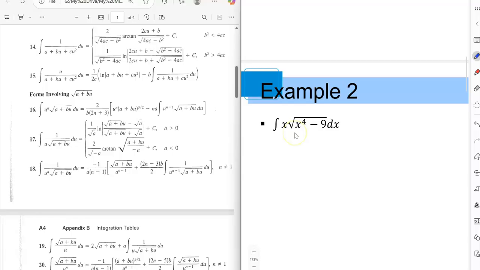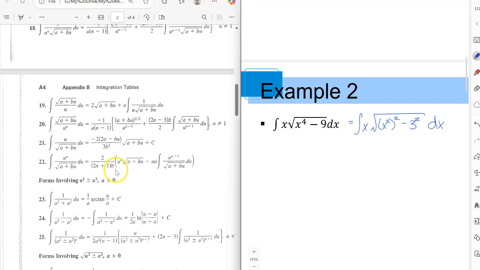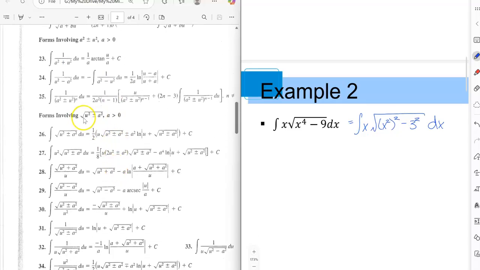So what if we were to think about this as x squared minus 3 squared dx? Let's see if we can find some kind of formula that will match this. I'm looking maybe for an a squared minus b squared under a radical. So an a squared minus b squared. Maybe this guy.